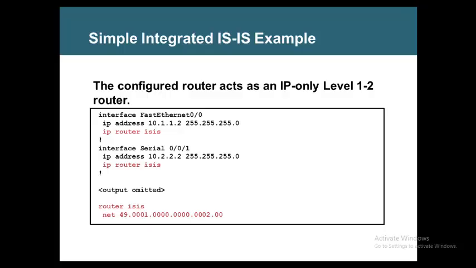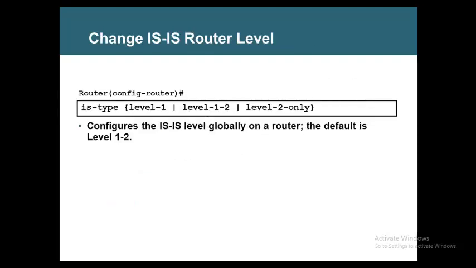All right. So when you don't mention L1 or L2, it is both L1 and L2. But if you wish to say only L1 or only L2, you need to go under router ISIS mode and then use the keyword is-type. Use the keyword is-type and then say level 1 or level 2. You have to mention this.